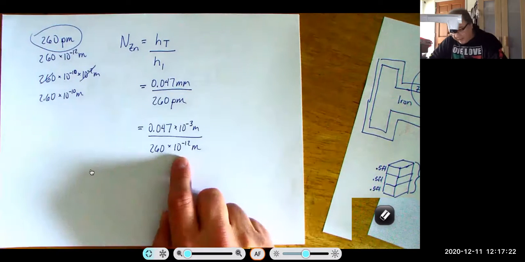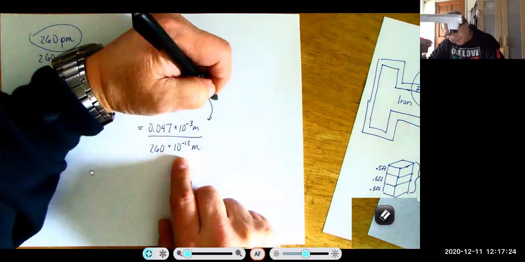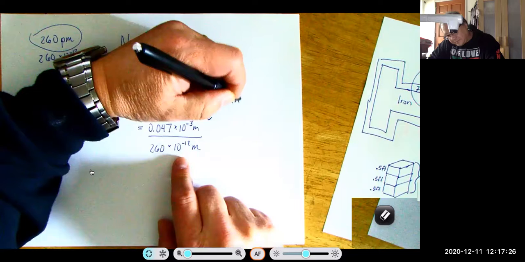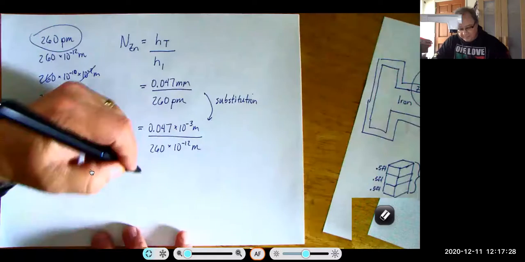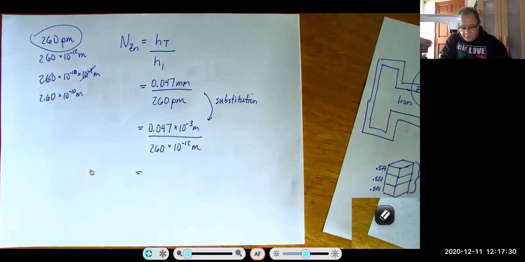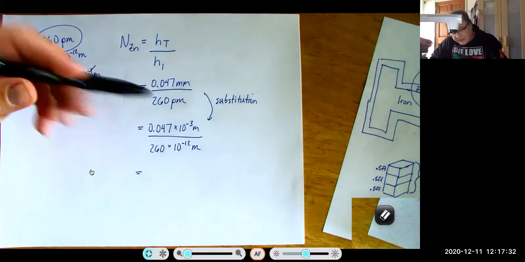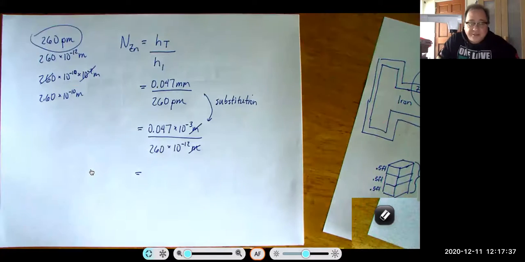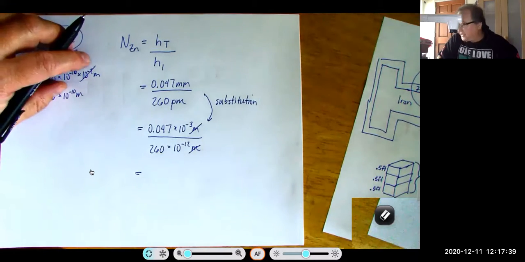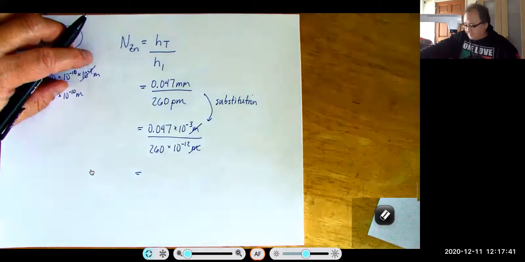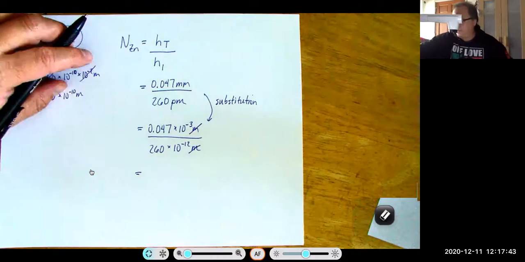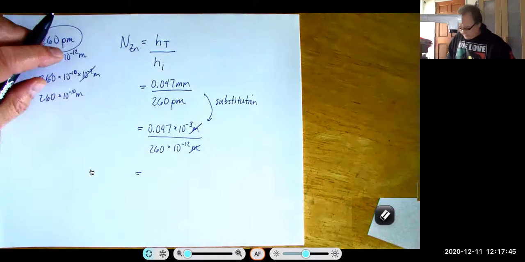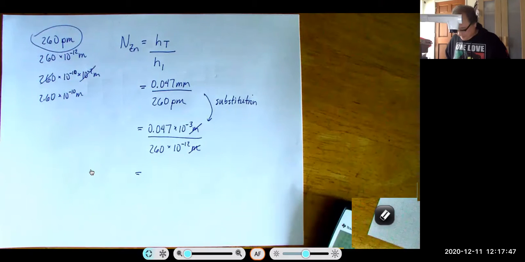That's the shortcut. It's called substitution. Okay, so you can now see that the units cancel and you divide this number by this number and you get your answer. So go ahead and plug that into your calculator and tell me what you get. I'll do the same and we'll see if we agree.